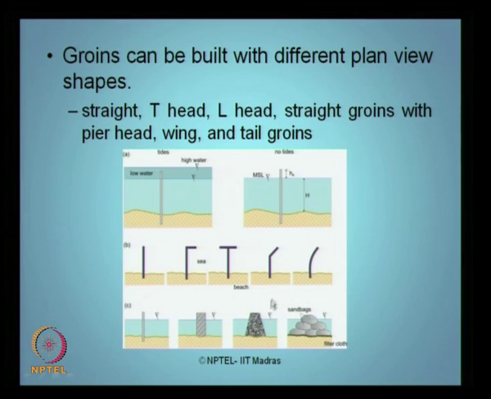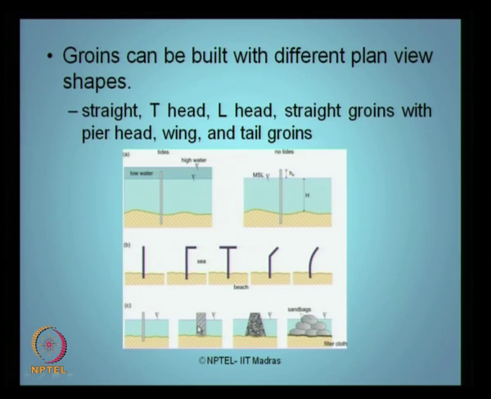Groins sometimes can be deviated and curved also, depending upon what kind of design you are offering for the coastal protection. Groin height can be either lower than the low water level, so that it can be overtopped, or even above the mean sea level when there are no tide effects in the specific area.